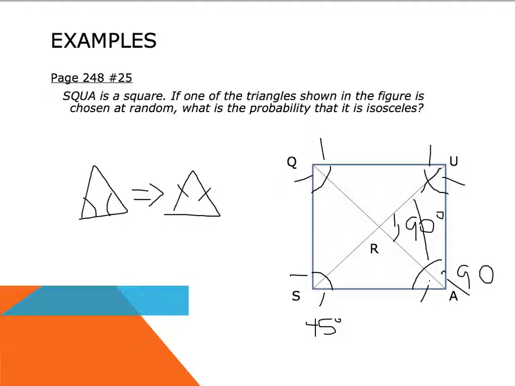So this would go to here, and this would go to here. So on this triangle, this is congruent, and this is congruent. So if this square is congruent, all the rest are congruent. So the probability of it being isosceles is 100%.